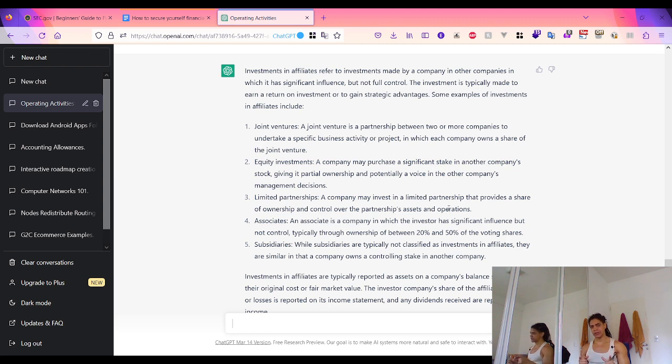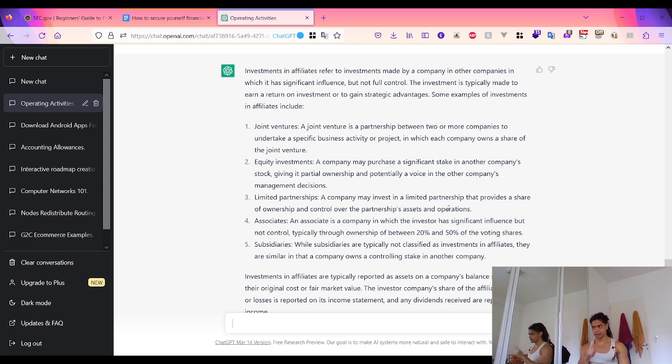Investment in affiliates are companies, or even you, that invest in other companies or people, but in this case companies because this is from operating assets, in which you have significant influence but not full control.